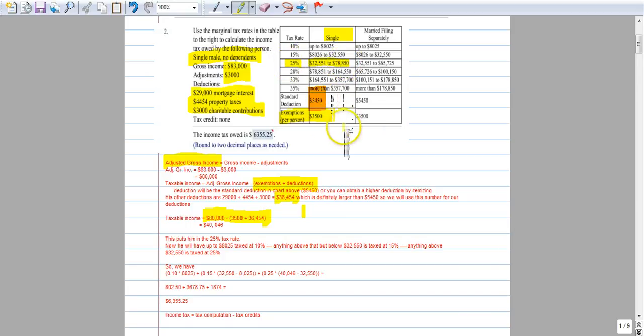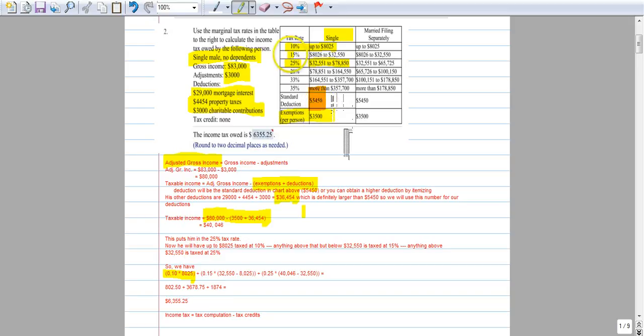Now, unfortunately, it's not as simple as just multiplying 40,046 by 25%. No, instead, you need to first look at everything he makes up to $8,025 is taxed at 10%. So we have 10% times $8,025.